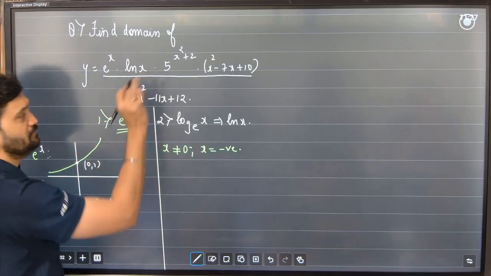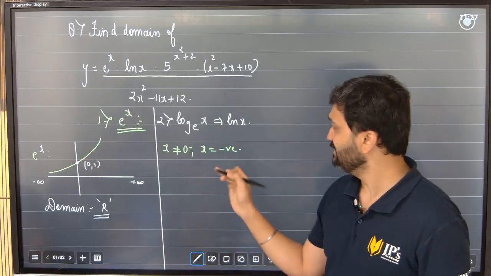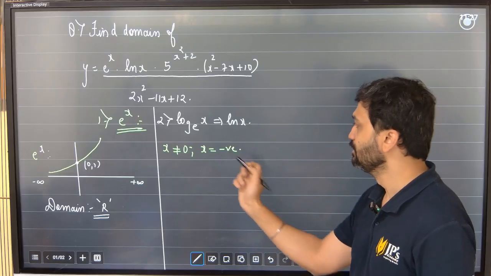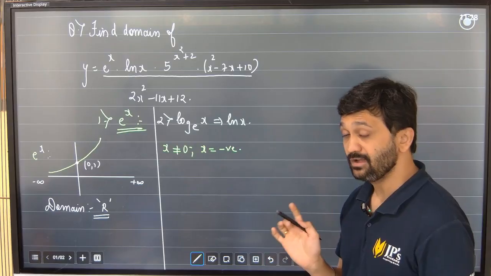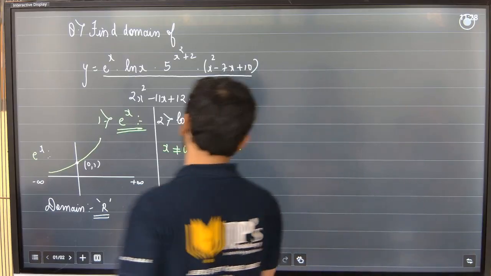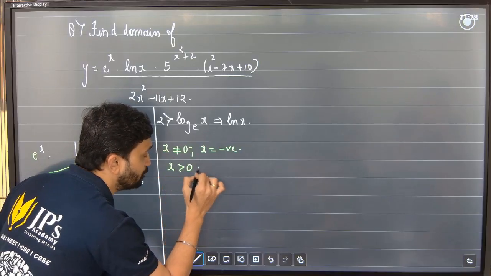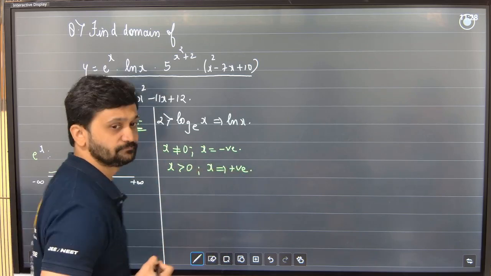So for this sum, e is the base, which is greater than 1. So x cannot be 0 and x cannot be negative. Log does not understand negative at all. So if we don't want negative and we don't want 0, it means I have only one option: x has to be greater than 0, meaning x has to be positive.